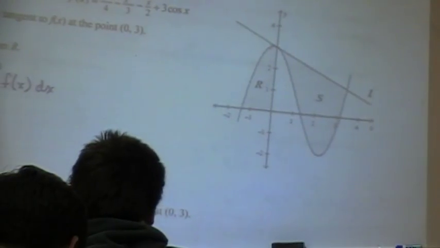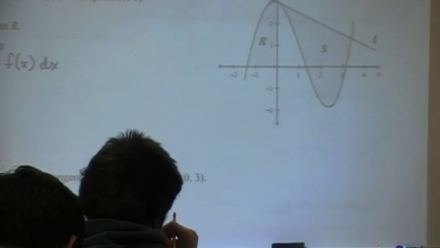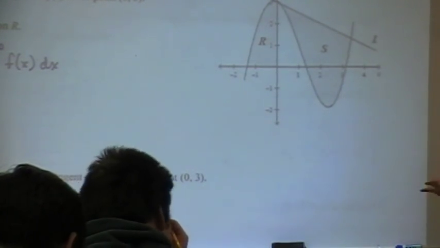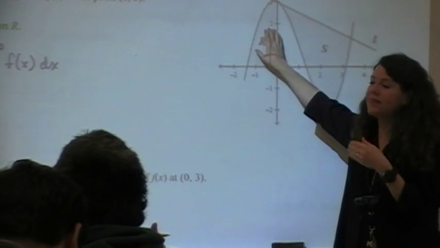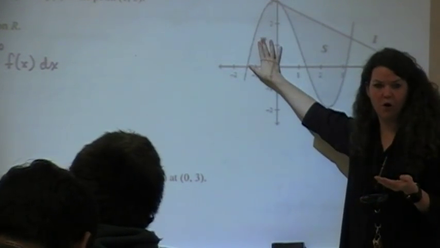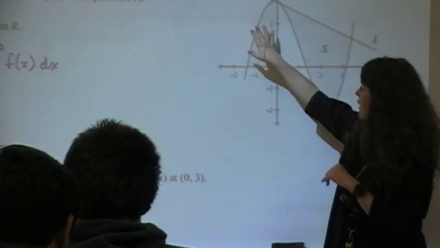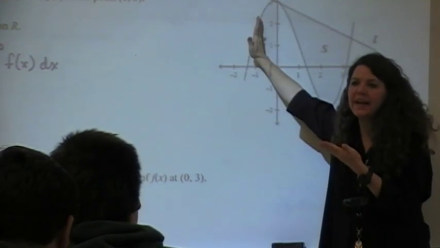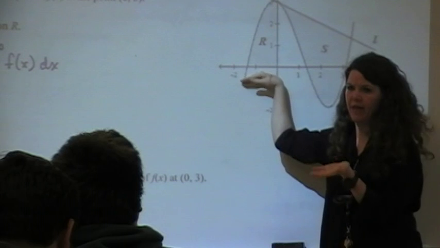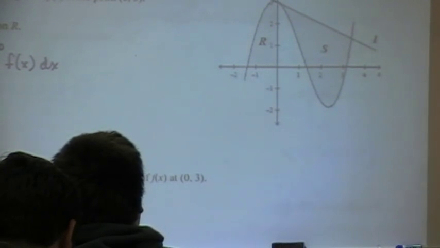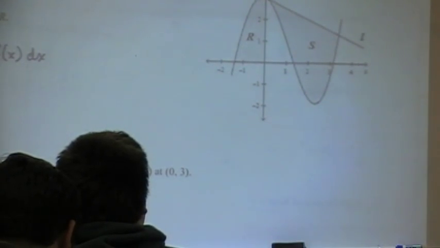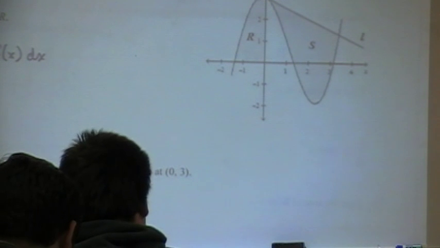This line isn't affecting R at all. It's just like what we've done in the past. R is just the cubic function and the area under the curve. So all I need is the distance between that curve and the axis. But I still need to find that intersection point right there, so I'm going to find a 0. Yeah, negative 1.37. These shapes are really awkward.